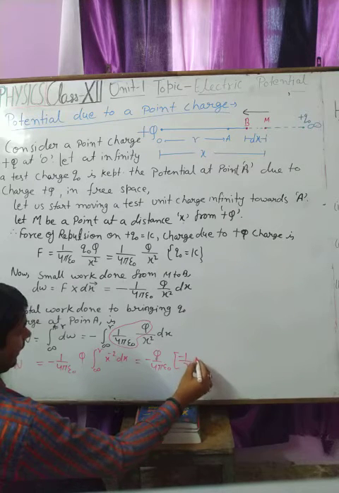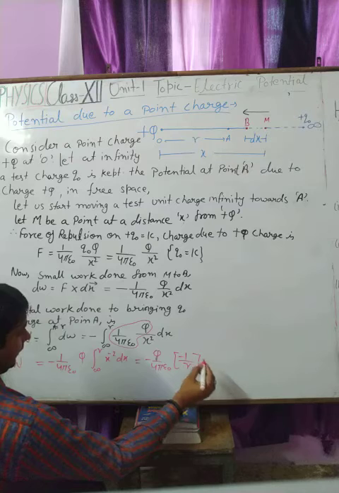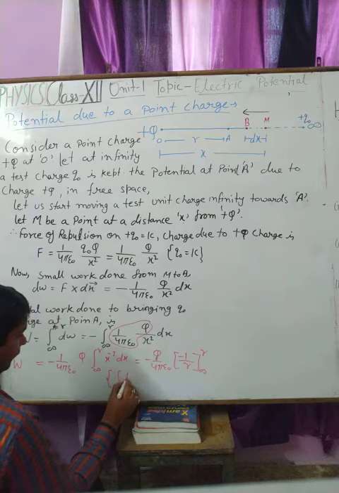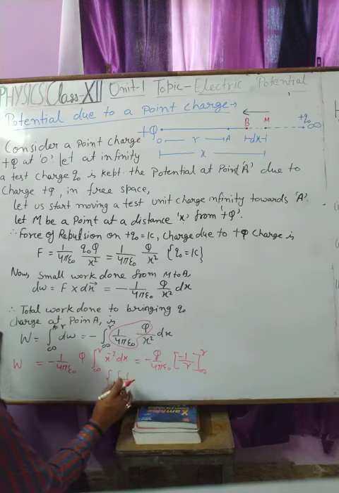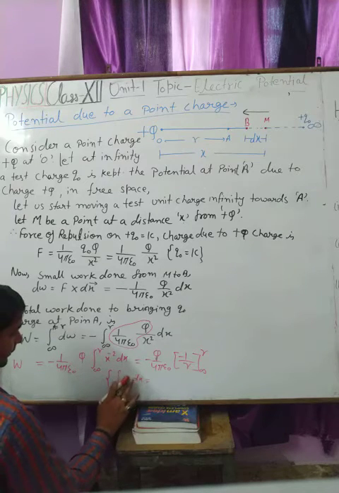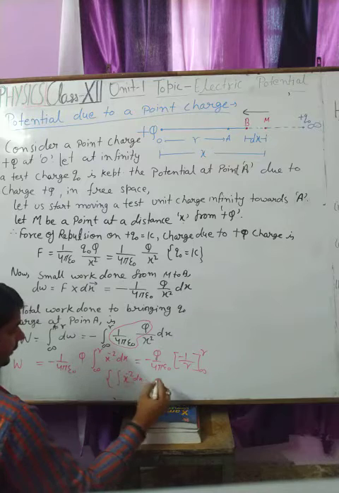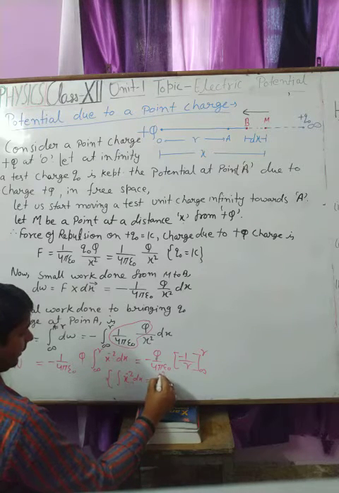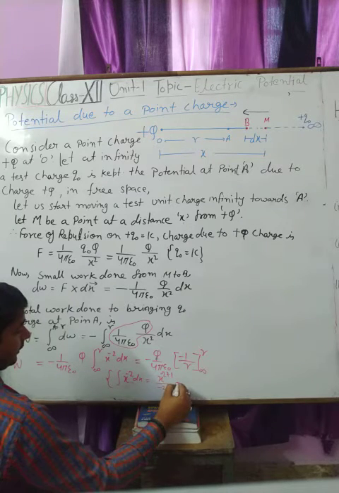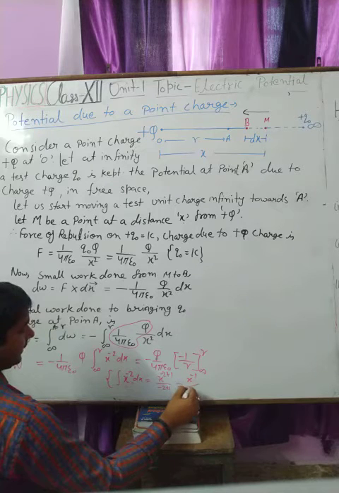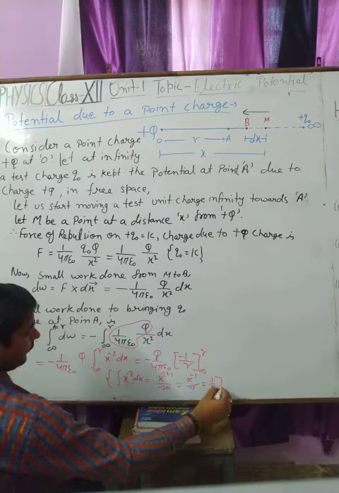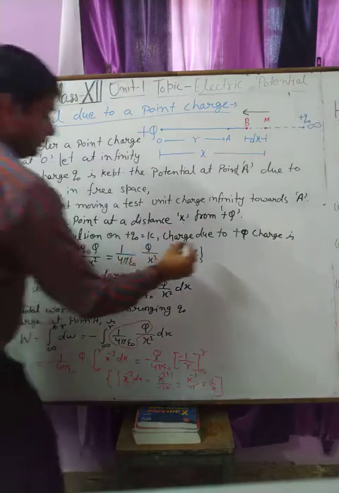Integration of 1 upon x square dx, that is x to the power minus 2, gives x to the power minus 2 plus 1 upon minus 2 plus 1, which gives x to the power minus 1 upon minus 1, which gives us the result 1 upon x in negative form.